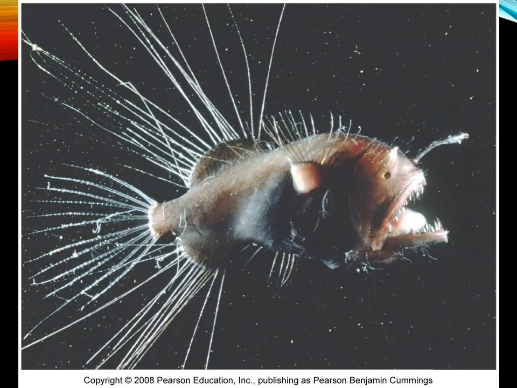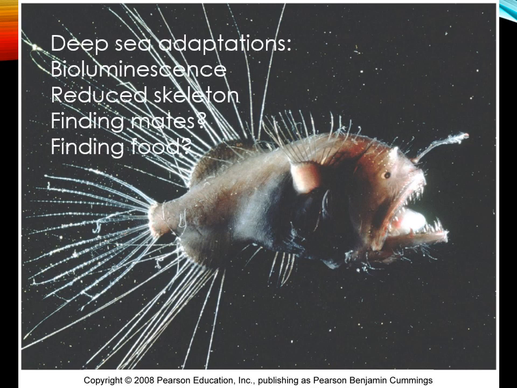All right, when we think of biomes, one of the most unique biomes is the deep ocean. So this is the aphotic zone. If you think of the aphotic zone, it's going to be dark, it's going to be cold, and there's a lot of pressure. So fish have a lot of adaptations to deal with this.